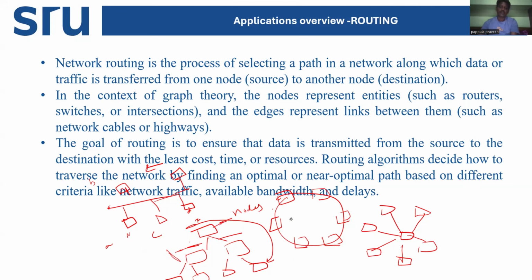Coming to the ring topology, we have an alternative. Suppose this is the source and this is the destination we transfer to. Now if this node fails, then we have an alternative path. This is also an application of the graph. And one more topology is the star topology.